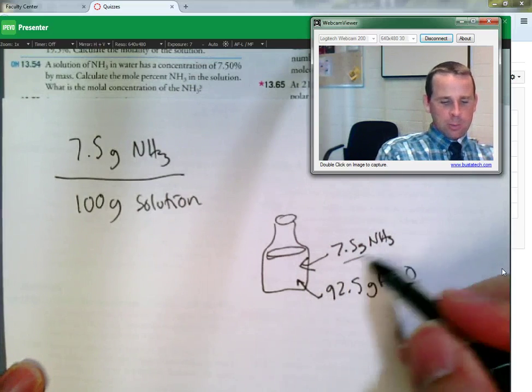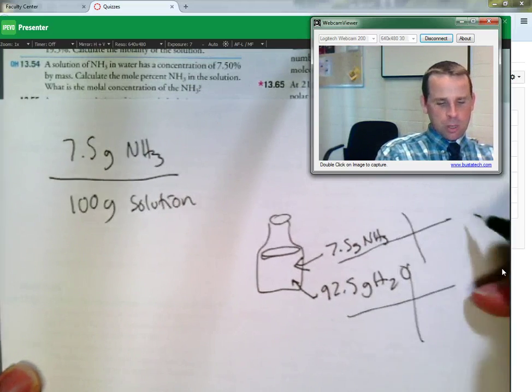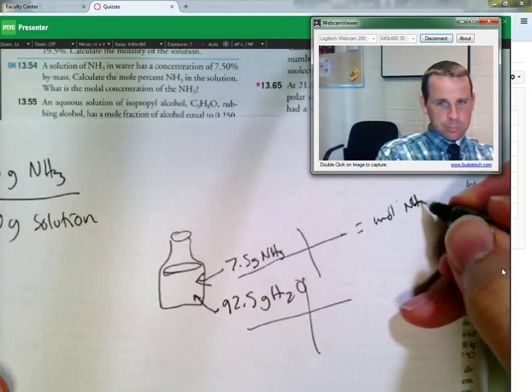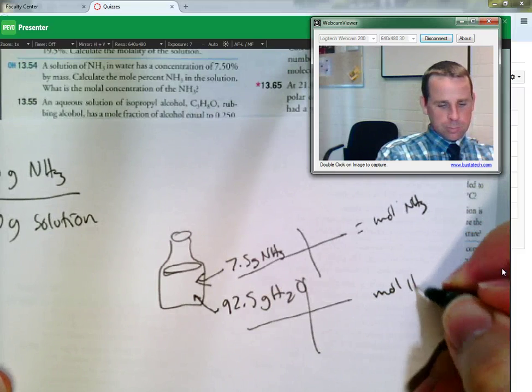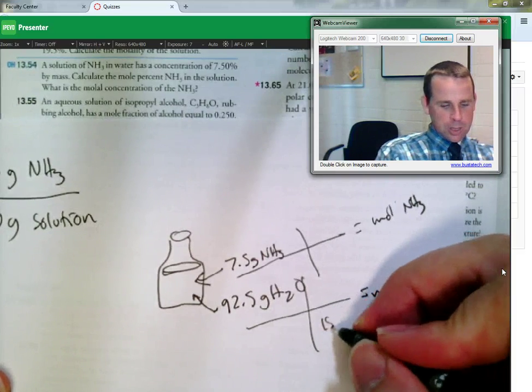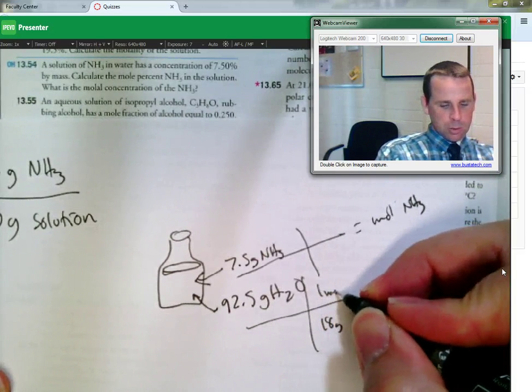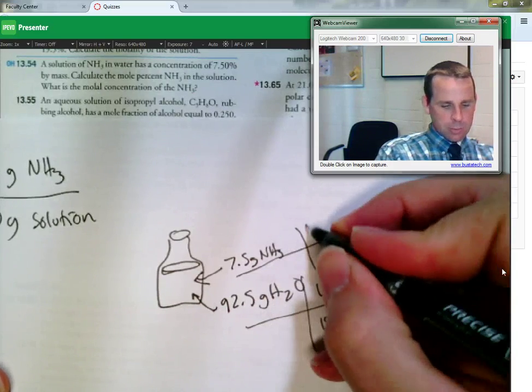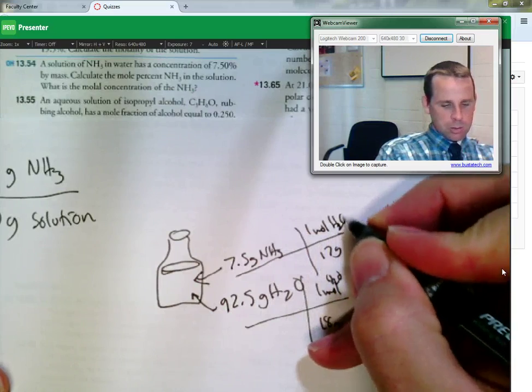I can find out the moles of ammonia and the moles of water, right? 18 grams for 1 mole of water, and 14, 15, 16, 17 grams for 1 mole of ammonia.